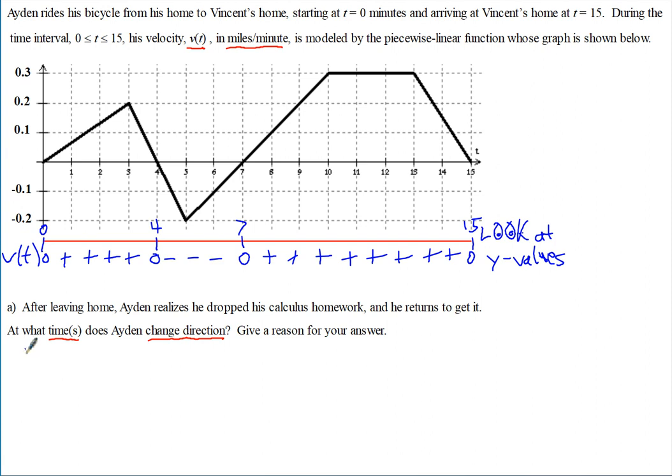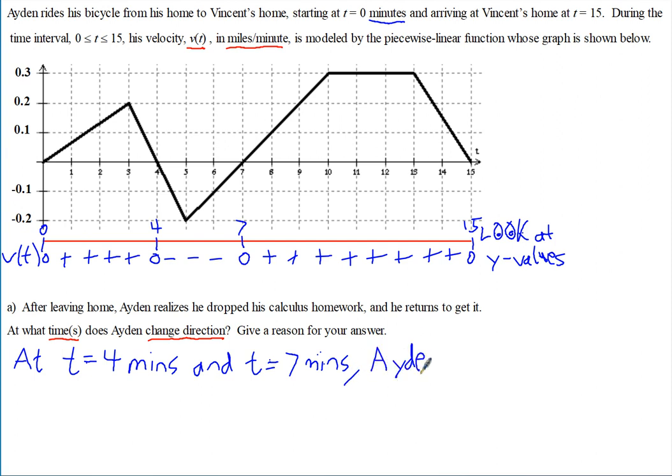So we can say at t equals 4, and the units for time here, notice, time is in minutes, and t equals 7 minutes, Aiden changes direction. Or you could say Aiden changes direction at t equals 4 minutes and t equals 7 minutes, either way.